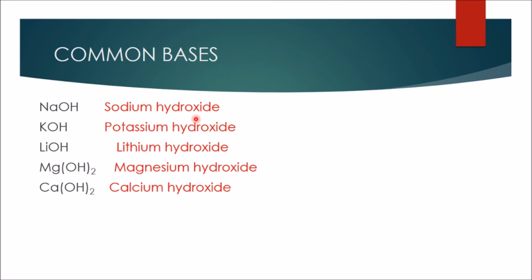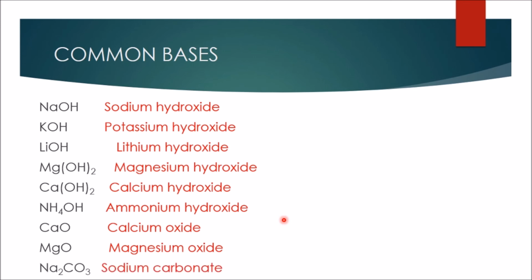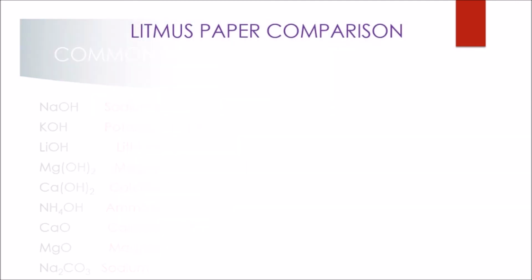Ca(OH)2 is calcium hydroxide. NH4OH is ammonium hydroxide. And we have some bases that do not have OH, like CaO, which has oxygen. So this is calcium oxide, which is a base. MgO is magnesium oxide, and Na2CO3 is sodium carbonate. Now these three are different from each other. MgO is an oxide, and Na2CO3 is sodium carbonate. Okay, so all of them are bases.